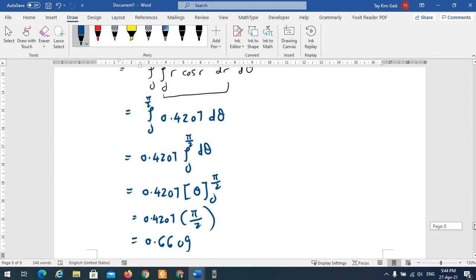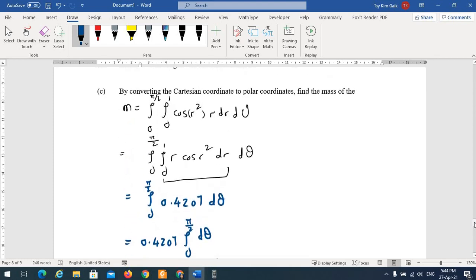If you use manually to integrate here, so I put up red color, to integrate r cos r squared dr, I will let u equal to r squared. So du is 2r dr. So you notice we have the term r dr here.